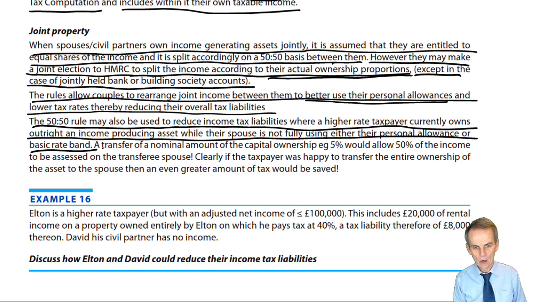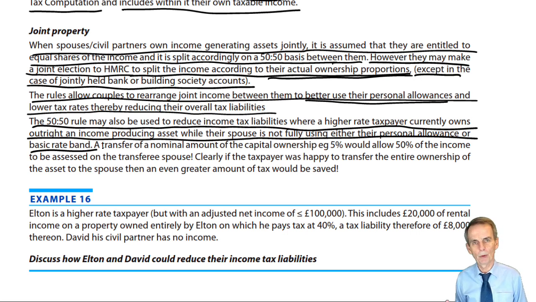But what we may have is a situation where we actually don't have a jointly owned asset at this point, that one of the spouses owns that asset. Now, if one of the taxpayers solely owns that asset in their own right, then all of the income is their income, and it goes to their income tax computation.